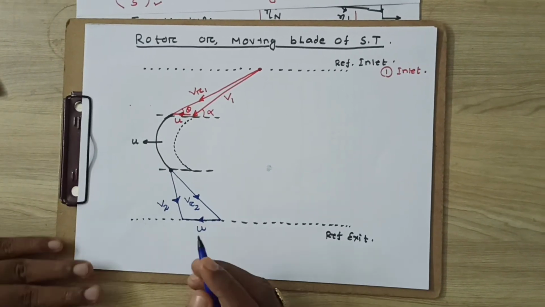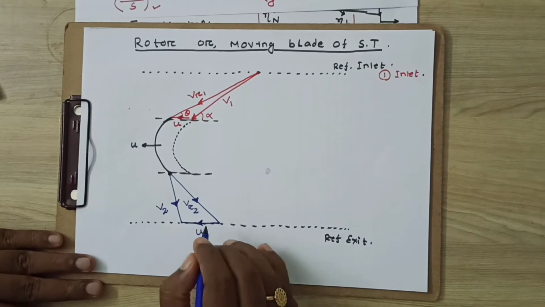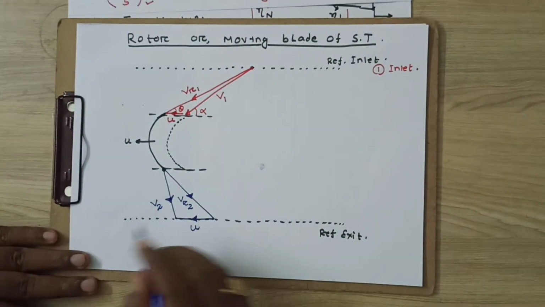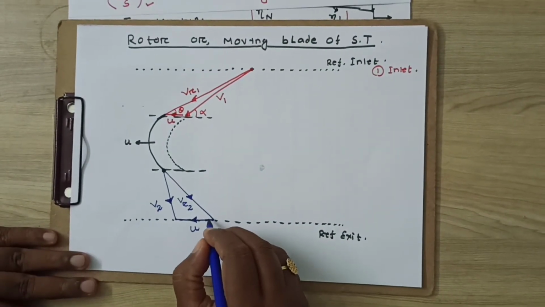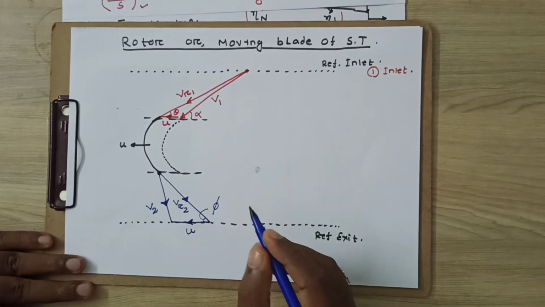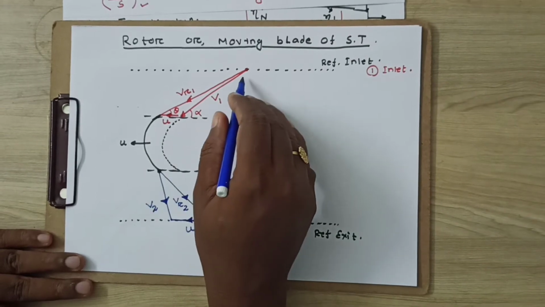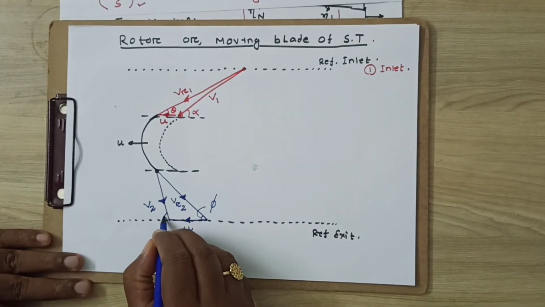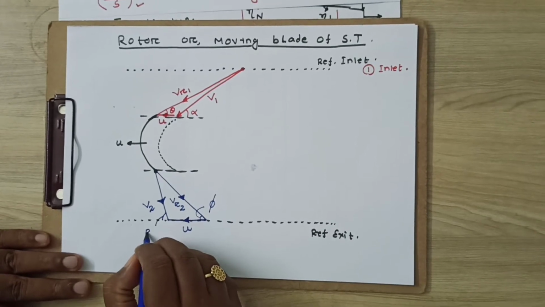Then we have to provide the angles. VR2 is associated with VR1, so these are the blade angles: if this is theta, then this will be phi. V1 is associated with nozzle angle alpha, and here V2 has the angle beta.